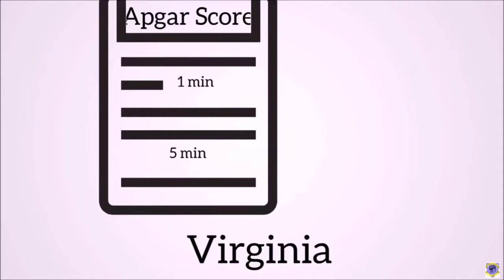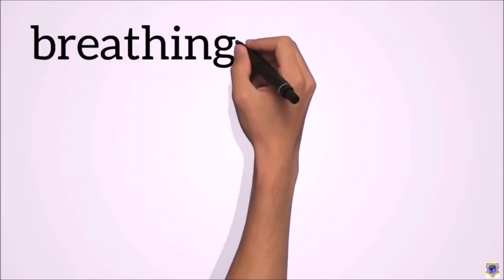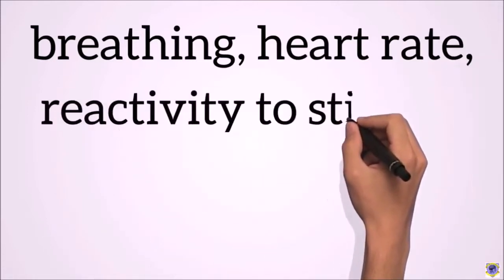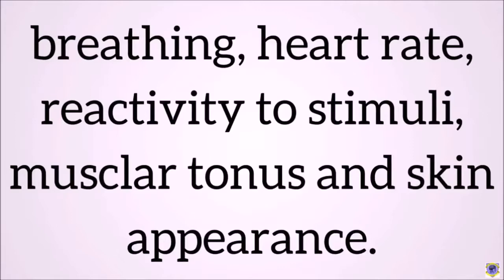The evaluation is based on 5 parameters: breathing, heart rate, reactivity to stimuli, muscular tonus, and skin appearance. Each is marked from 0 to 2, summing to a total score from 0 to 10, called the APGAR score.